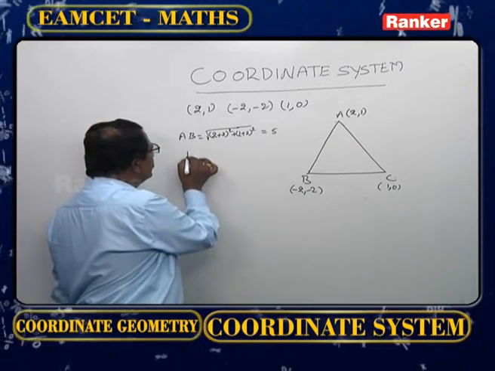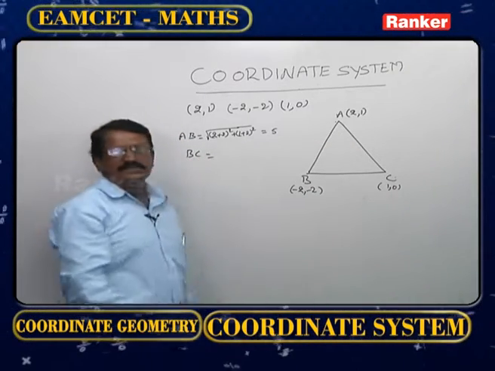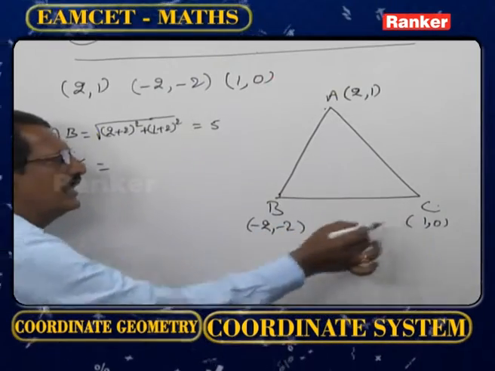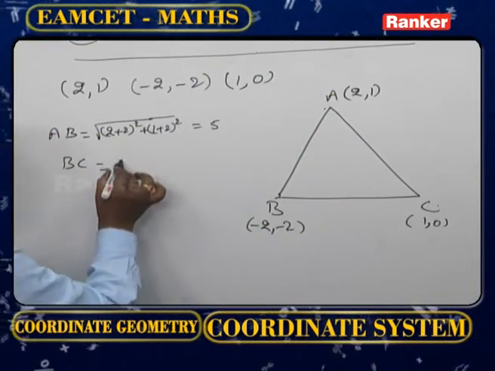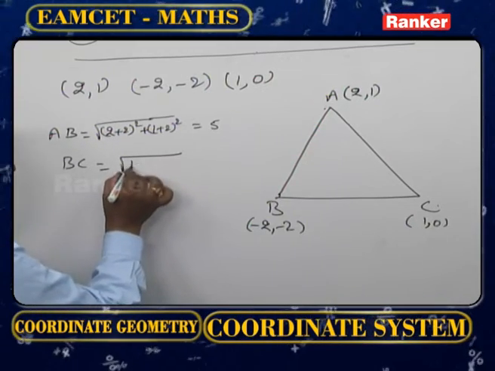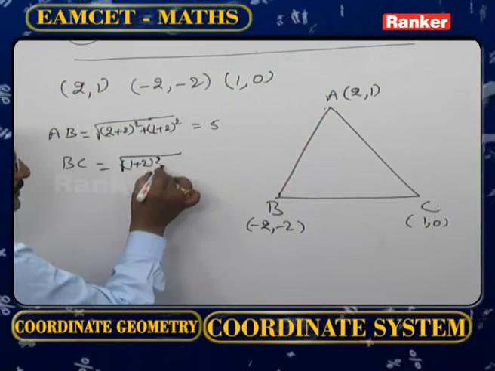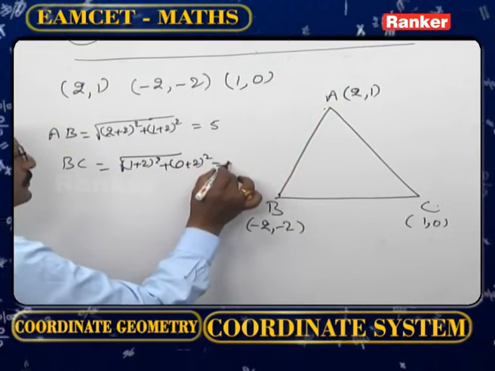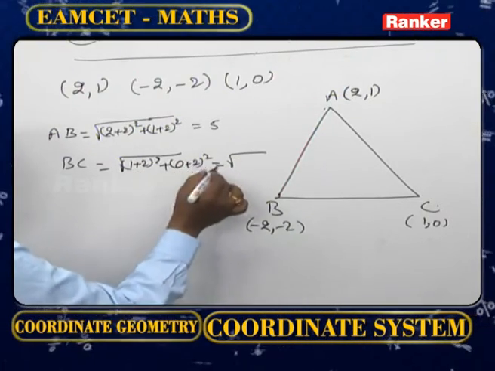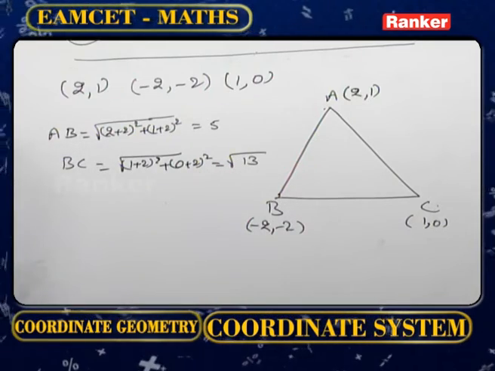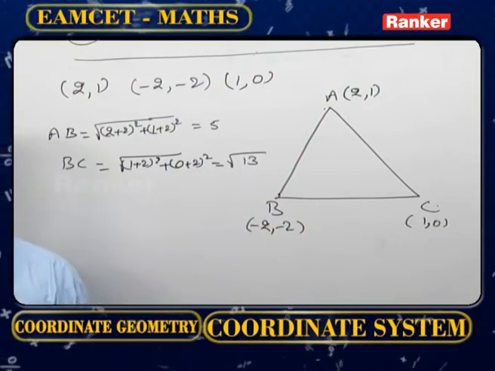Next, length of the side BC equals the distance between minus 2, minus 2 and 1, 0, that equals square root of 1 plus 2 whole square plus 0 plus 2 whole square, that equals root over 9 plus 4, that equals root 13. Length of the side BC equals root 13.